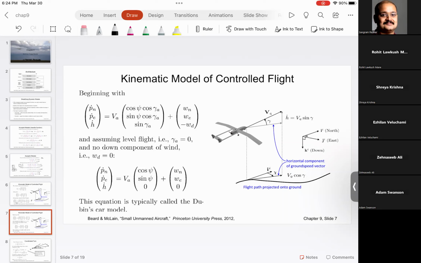So please understand, when the flight path angle is equal to 0, the cosine of the flight path angle becomes 1, and you get a component of Va, which is the airspeed, and that allows you to find Pn dot, Pe dot, and H dot.